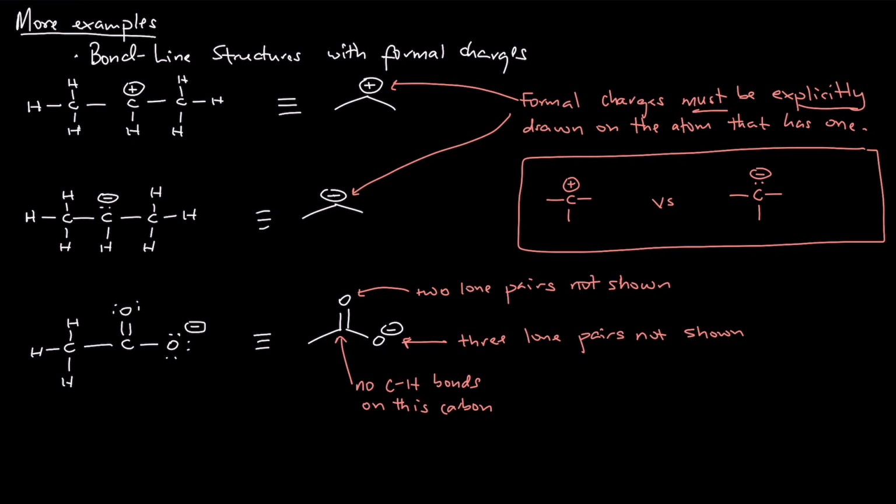So once again, in the bond line structure, we do not have to show the lone pairs. However, you have to know how many lone pairs are in each of these atoms. So this starts from understanding valency, understanding the generic Lewis structure for neutral atoms, and then looking at how this is changed when you increase or decrease the formal charge.